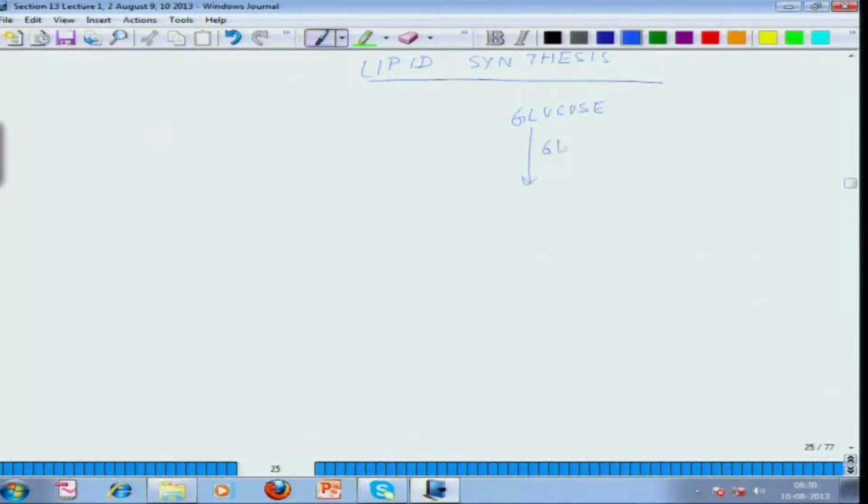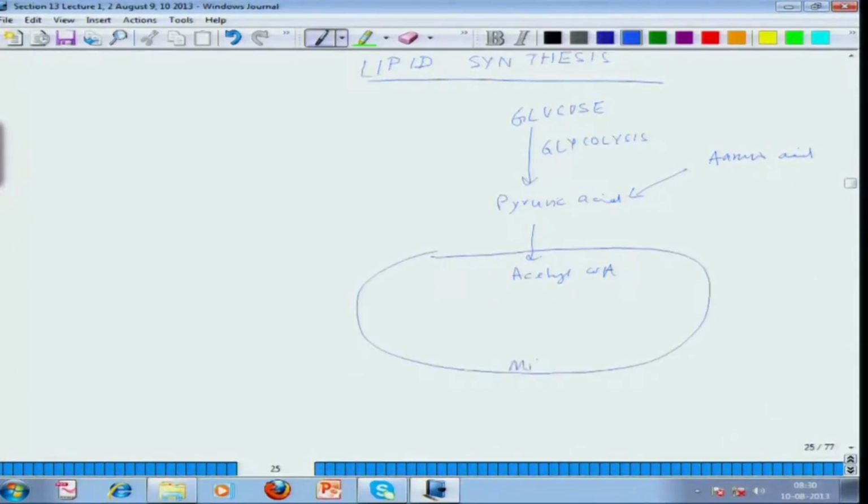Glucose through glycolysis makes pyruvic acid, and this pyruvic acid forms acetyl coenzyme A, along with other amino acids. Now this is all happening inside the mitochondria, and outside is all cytoplasm.